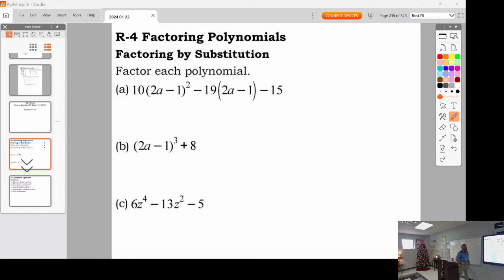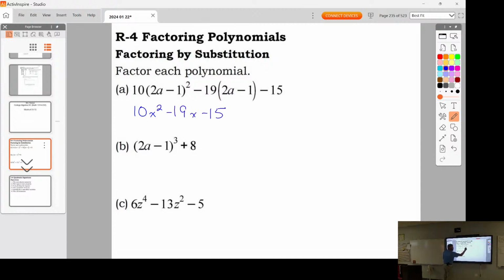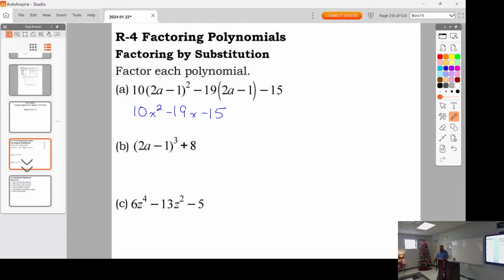Okay. What if I rewrote it and wrote it like this? 10x squared minus 19x minus 15.